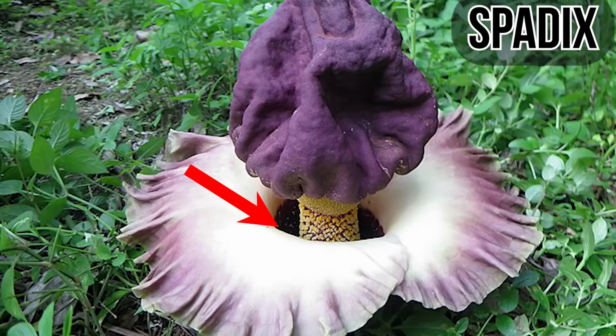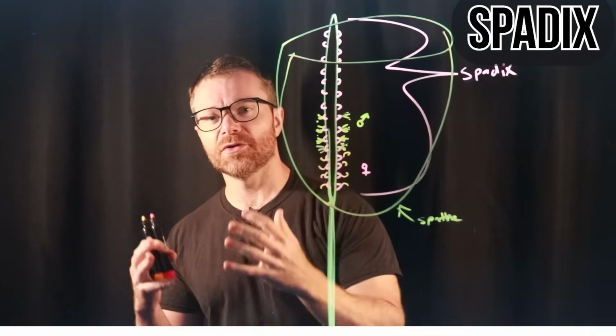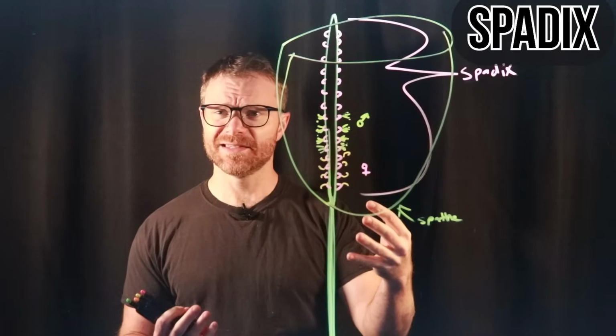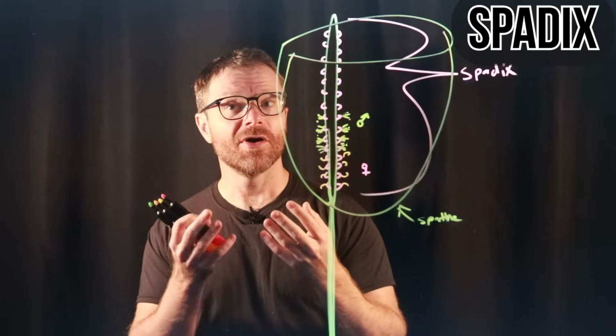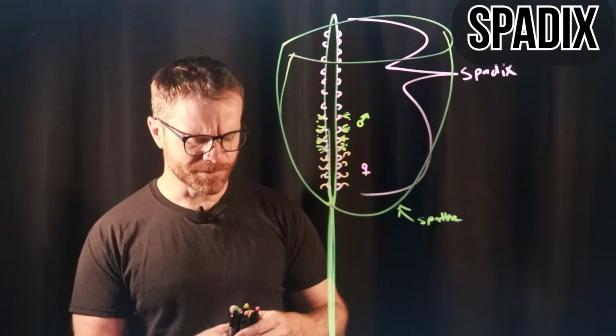And these inflorescences not only produce a stinky smell, they also produce heat through a process called thermogenesis. So the inflorescence produces heat and a stinky smell, all the stuff that would be found on a rotting organism, right? There would be heat and there would be a stinky smell.